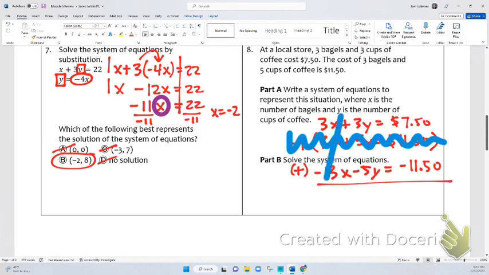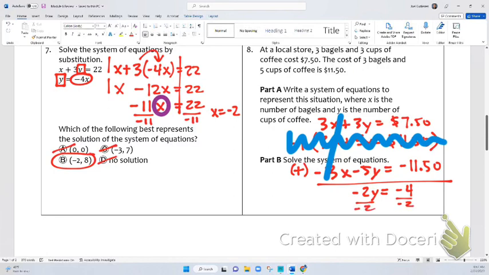The x's will naturally go away. That's the reason why they call it elimination. 3y plus negative 5y gives me a negative 2y. And then more importantly, $7.50 plus a negative $11.50 will give me a negative $4. You don't need to put 0.000 or 0.00, so I'm just going to leave it like that because it's easier for some of you guys to read.